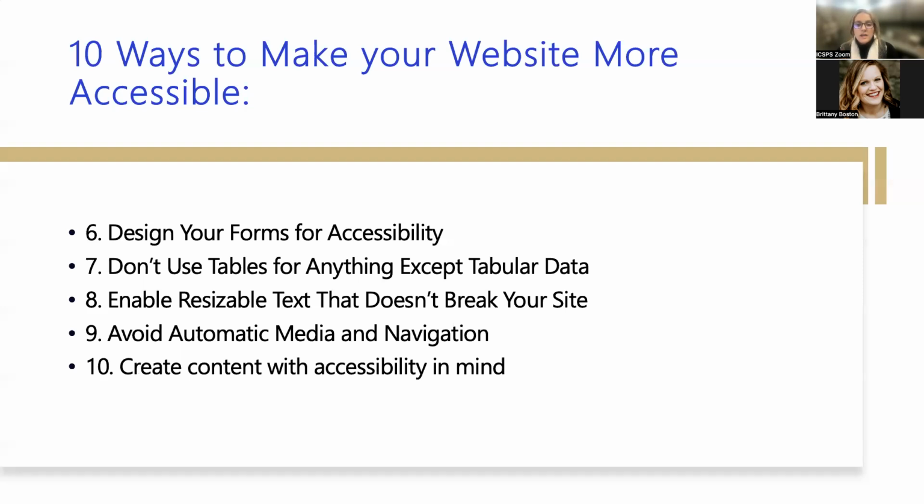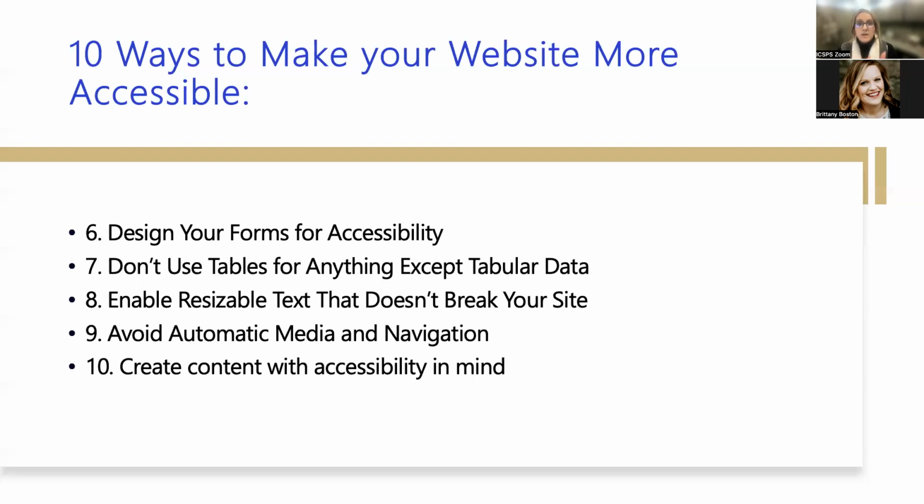When writing our content, this can mean something as simple as fully writing out an acronym for your institution, or acronyms that your programs use. Like CTE, that's an acronym, and somebody who's new to a CTE program isn't going to know what CTE means. So have that fully written out on your website.